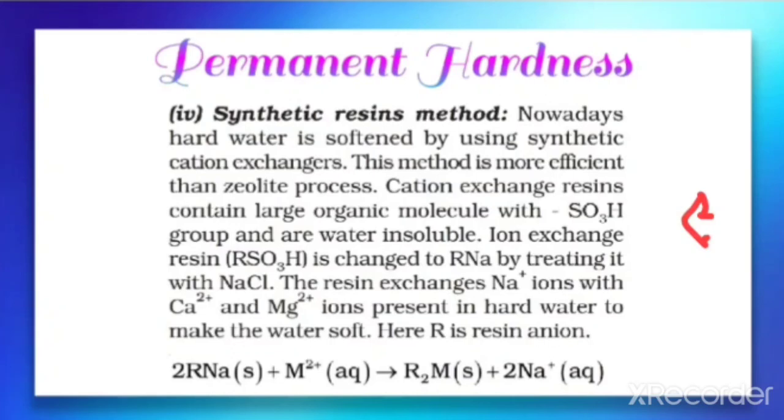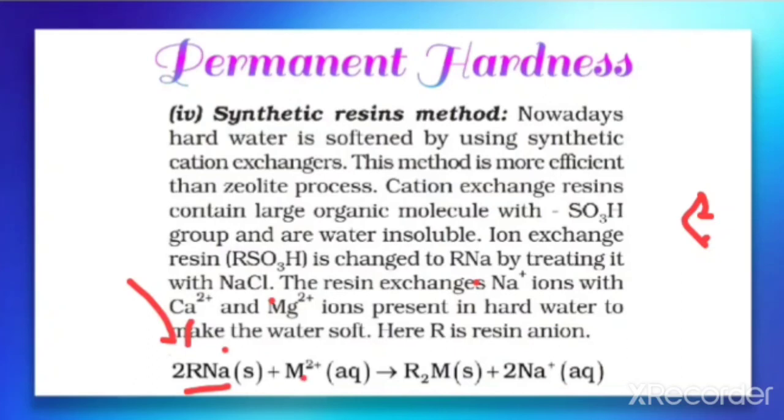The ion exchange resin is changed to RNa by treating it with NaCl. So what is actually taking place here? Here RNa, what is R? The long carbon chain, with Na.